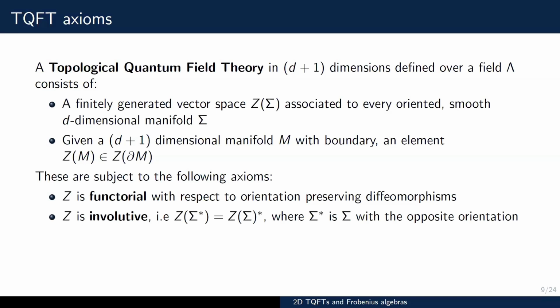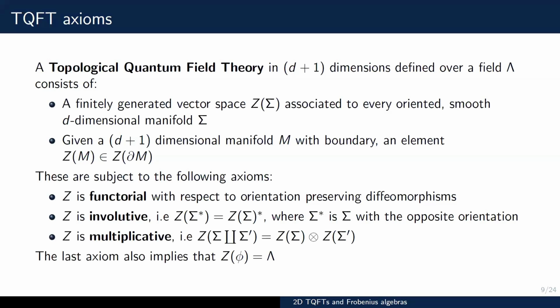It is involutive. So suppose we have a d-dimensional manifold with the opposite orientation, then it will be associated to the dual of the original vector space. And finally, we have the multiplicative axiom, which says that disjoint unions just correspond to tensor products of the associated vector spaces. It also implies that to the empty space, we just associate the base field lambda.